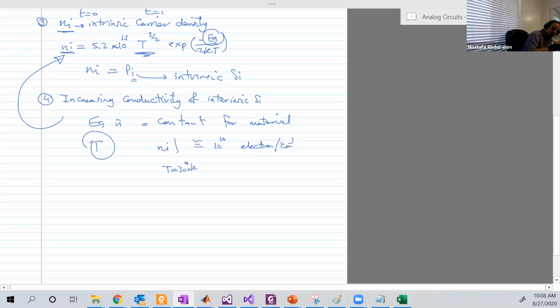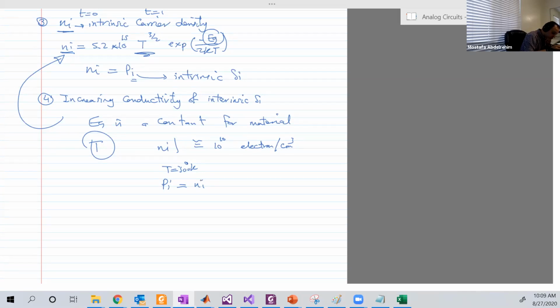And at 300 Kelvin, if you measure the hole concentration, let's call it Pi, you will find it also equal to Ni because the material is always neutral. Neutrality is a nature in any material. You can't find the negative more than the positive or the positive more than the negative charges.